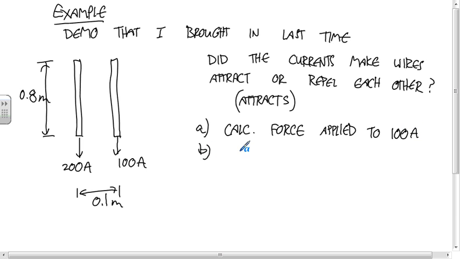And second, we're going to calculate the force applied to the 200 amp current. If they attracted each other, what's going to be the force direction on the 100 amp current? Toward the 200, yep. And what's going to be the force direction applied to the 200 amp current? The opposite direction, toward the 100.